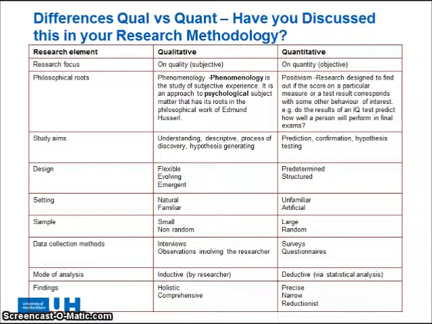In your research methodology, hopefully you have discussed whether you're covering qualitative or quantitative data, and your rationale for why you've chosen qualitative or quantitative methods. We are expecting that to be supported with theory and references.